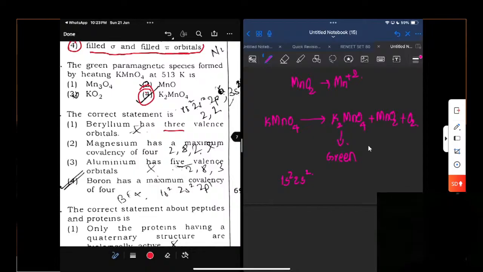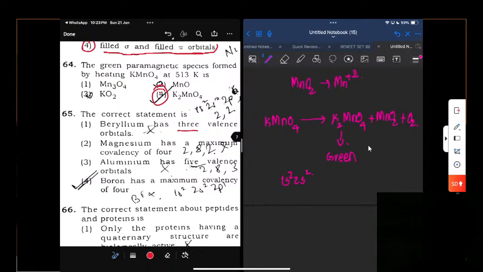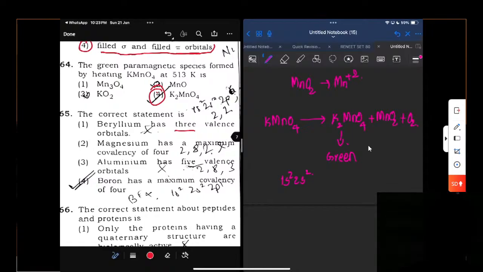Then second one, magnesium has a maximum covalency of 4. What is the maximum covalency of magnesium? How many bonds can it form? Only 2 bonds, MgCl2. It can donate 2 electrons, right? So 2 bonds can be formed by magnesium.